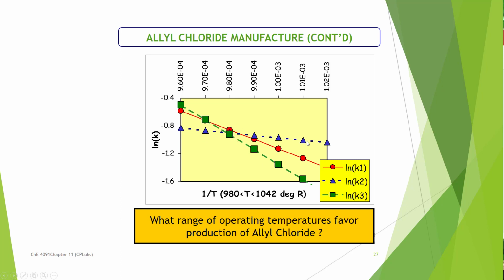I certainly don't want reaction 3 to be the fastest, because then as soon as I make my product, it will disappear. And reaction 2 means that I've got a competing reaction, so I want it to be smaller also. That minimizes my options of operating temperatures.